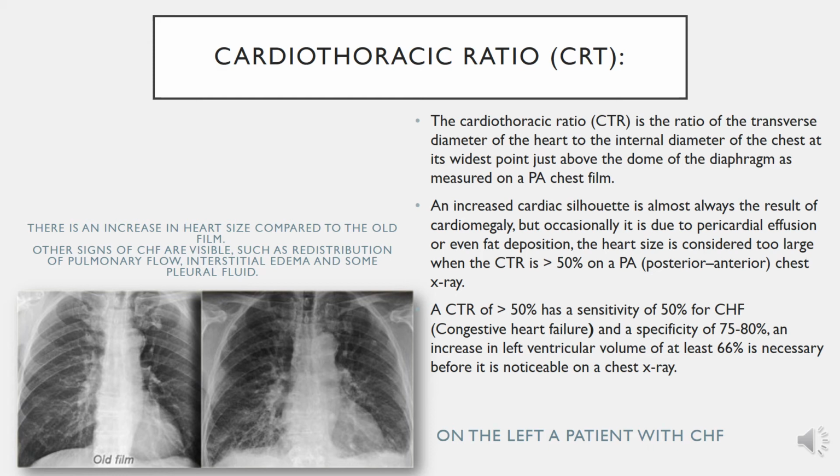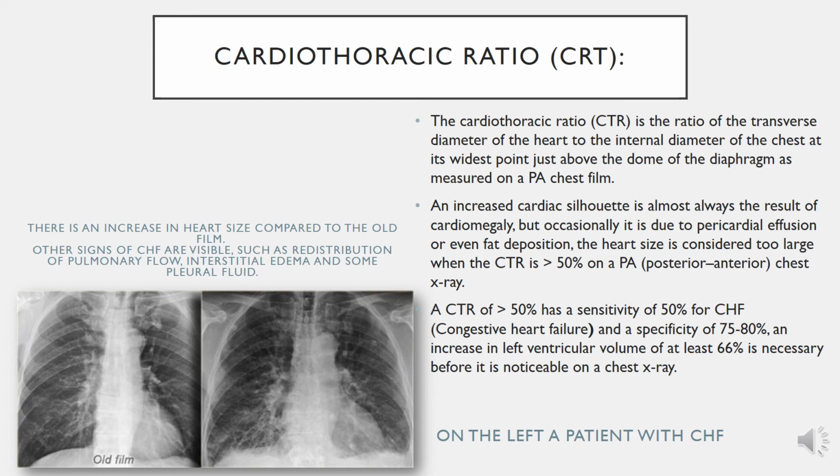The heart is considered too large when the cardiothoracic ratio is above 50% on an anterior-posterior chest X-ray. A cardiothoracic ratio above 50% has a sensitivity of 50% for congestive heart failure and a specificity of 75 to 80%. An increase in left ventricle volume of at least 66% is necessary before it is noticeable on the chest X-ray.